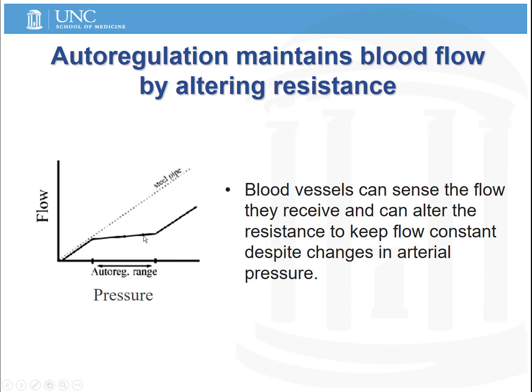This autoregulation happens because the vascular smooth muscle contracts to increase its resistance over a given pressure range, and this increase in resistance causes a decrease in flow, allowing the blood flow to be maintained at a relatively constant level, even in the face of this increase in pressure.